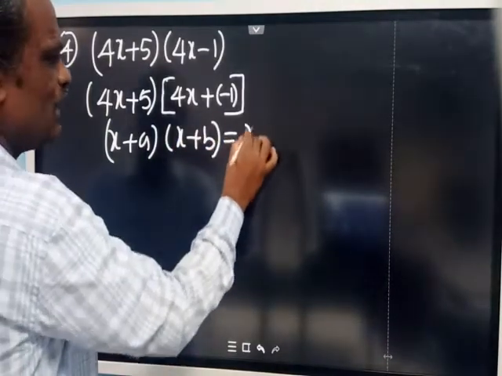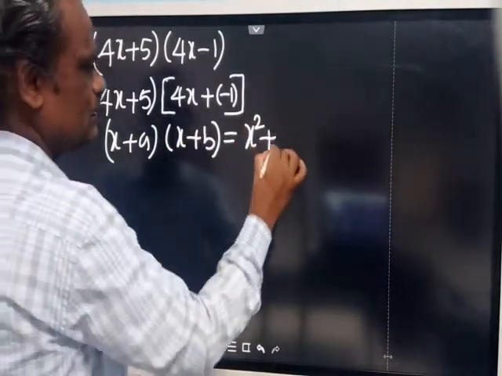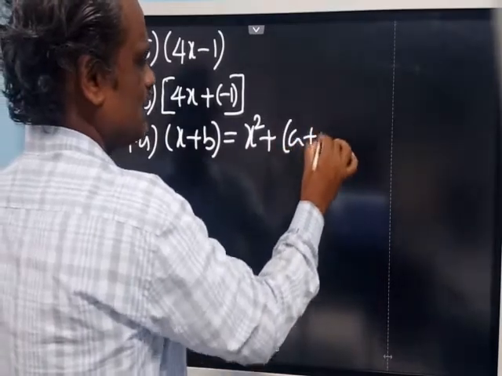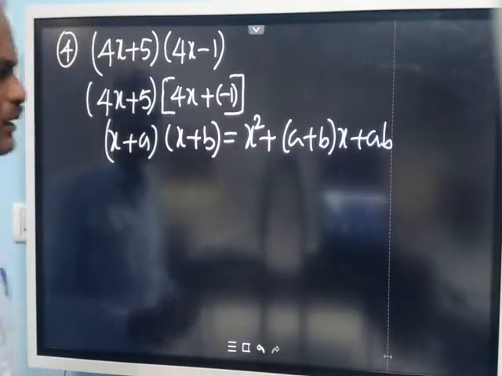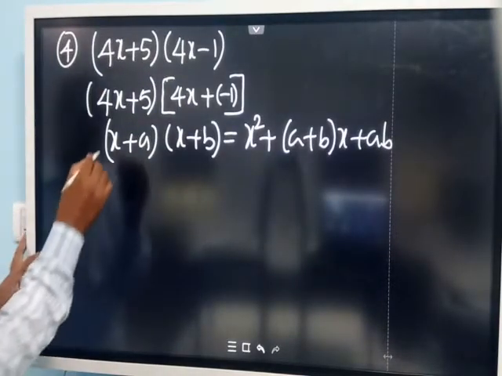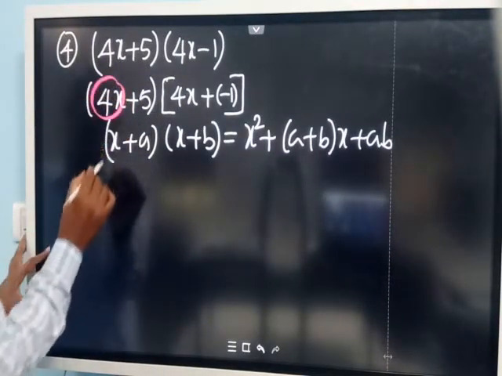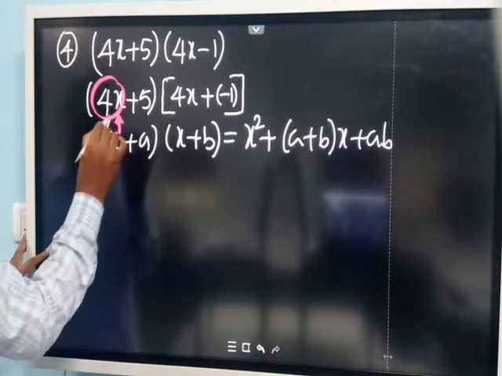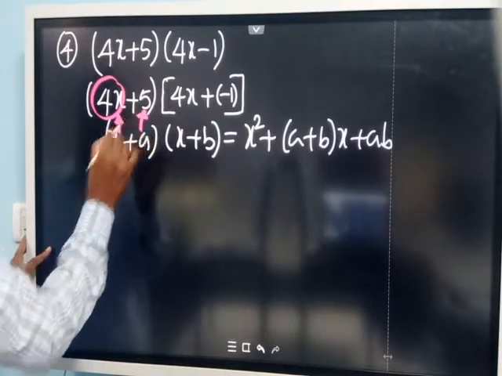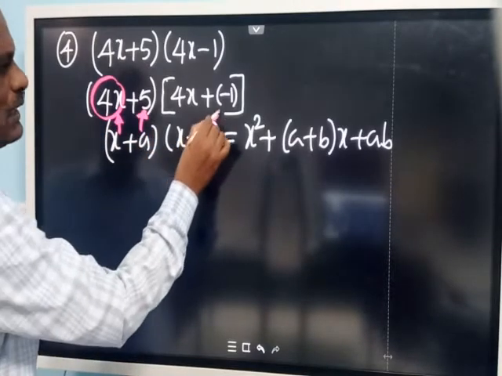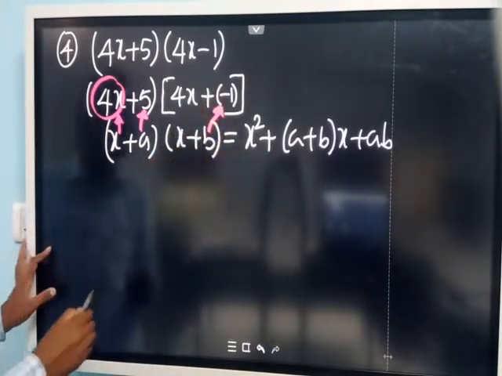So you write the formula. Always you write the formula first. x square plus (a plus b) into x plus a into b. Now compare this one. In place of x you are having 4x. In place of a you have 5. In place of b you have minus 1.